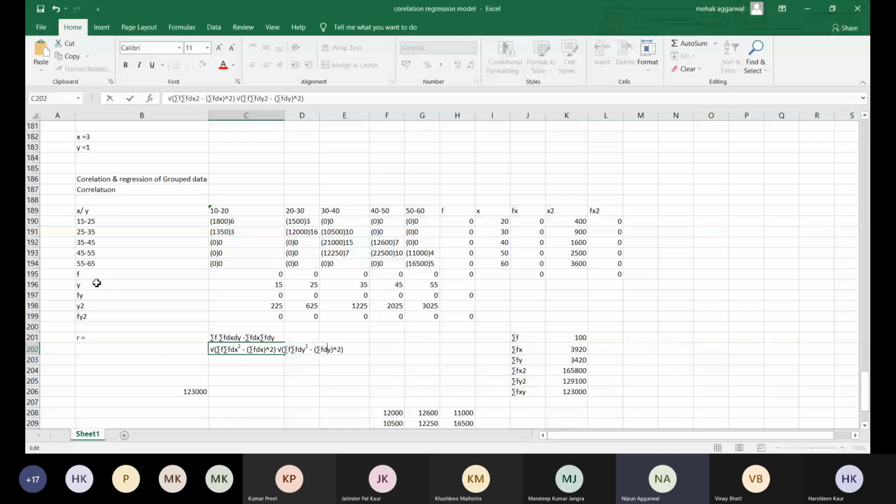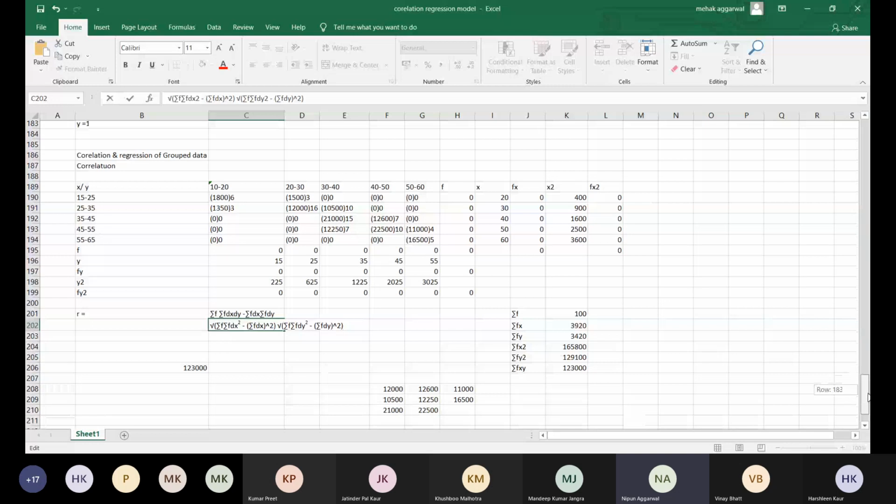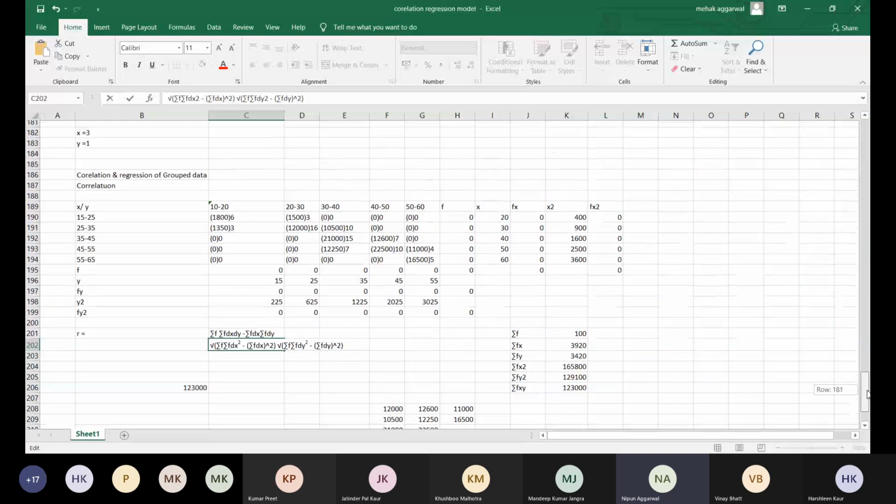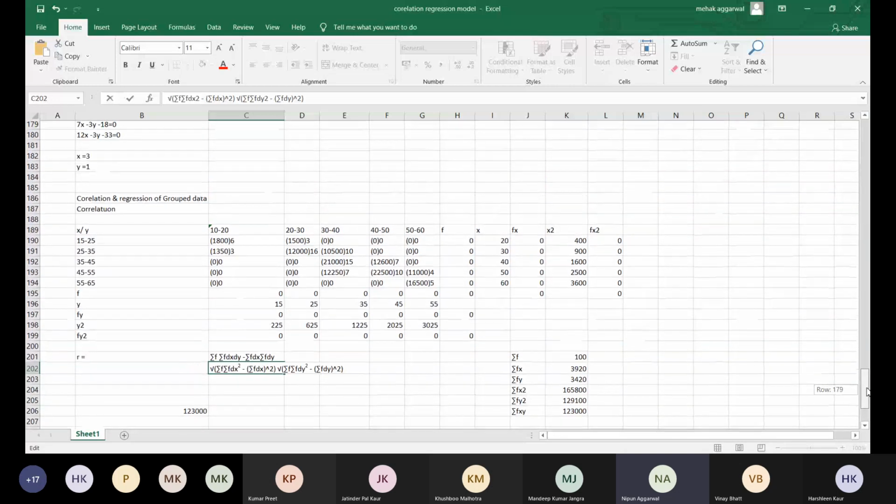Now if we want to find the regression for the grouped data, how can we find the regression of the grouped data? Now the cause and effect relation is there. If we talk of the regression, now we check whether there is an effect of age on income.